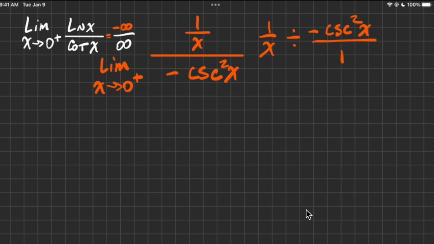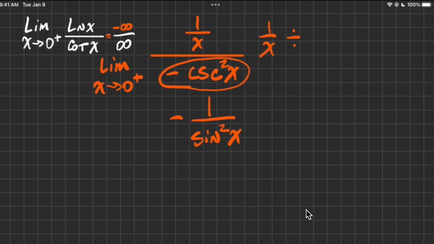So we can replace this here with negative 1 over sine squared x. All right, so rather than have this cosecant here, we can have 1 over x, which is the numerator, divided by the denominator, which is negative 1 over sine squared x.